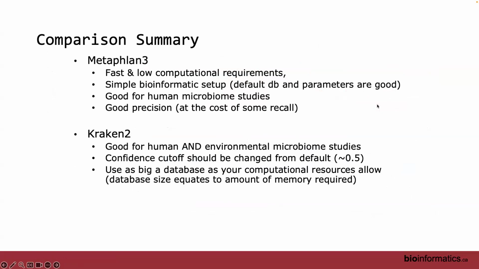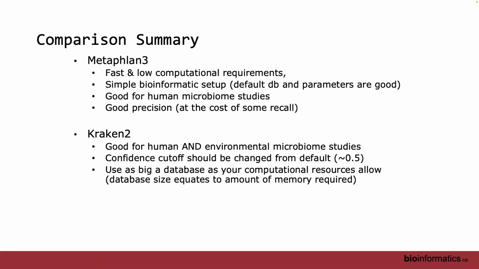So based on that, we had some broad suggestions. And I think last year I was saying, if you had human-associated samples, MetaPhlAn or MetaPhlAn 4 would be a great approach. It's fast, low computational requirements, very out of the box, straightforward to use, with good precision overall at the cost of some recall.